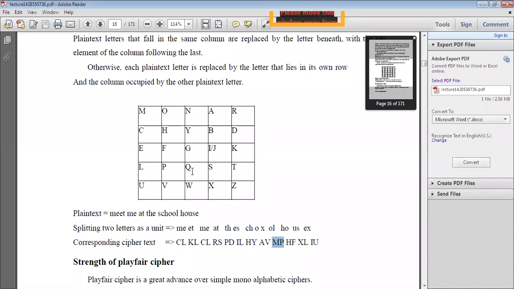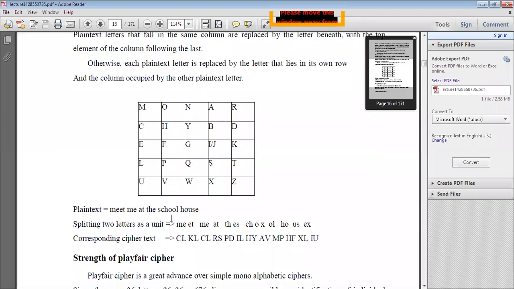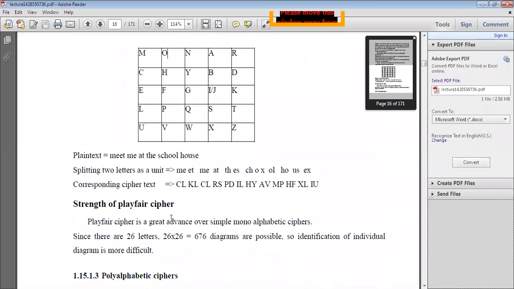After converting this plain text into ciphertext, this technique is called the Playfair cipher technique. The major advantage of the Playfair cipher is that while converting plain text to ciphertext, it requires 26 by 26, that is 676 digrams are possible.